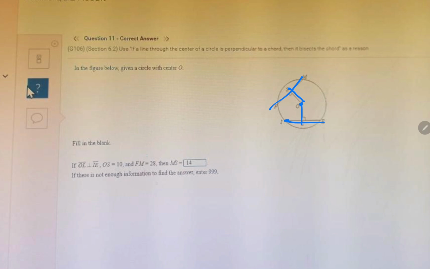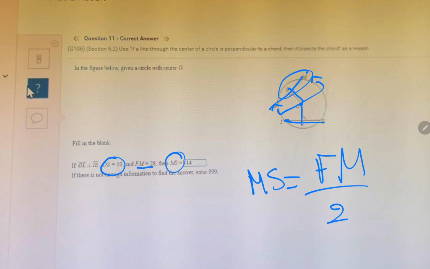So if they're asking for the value of MS, and we have the value of FM, it's 28, and we know that OS is perpendicular to FM, that means we can find the value of MS. So the meaning of perpendicular bisector is that MS is equal to FM over 2.